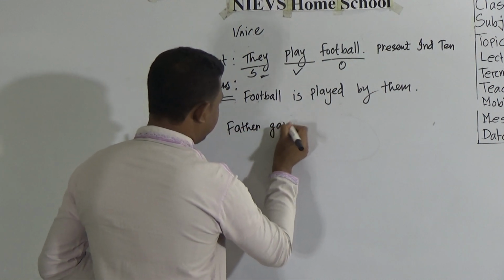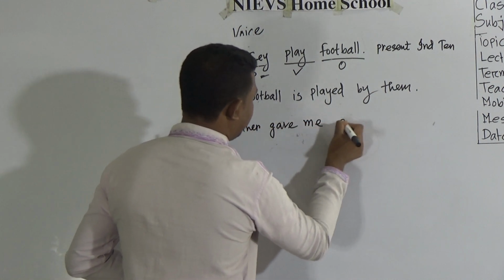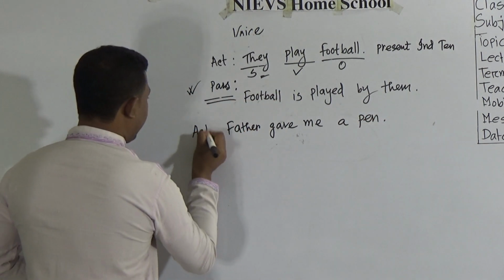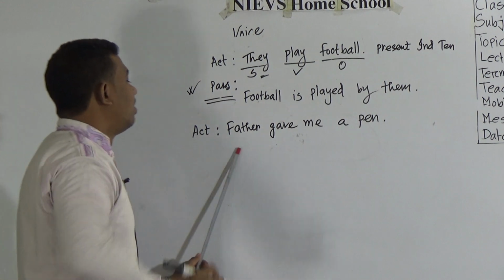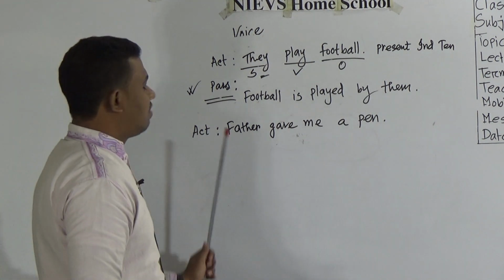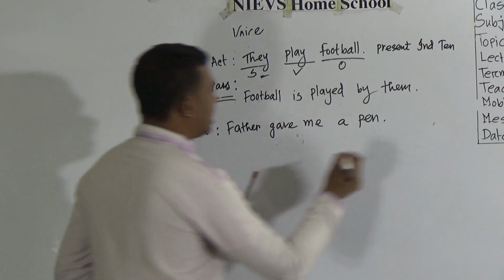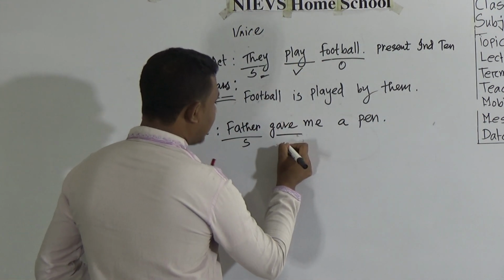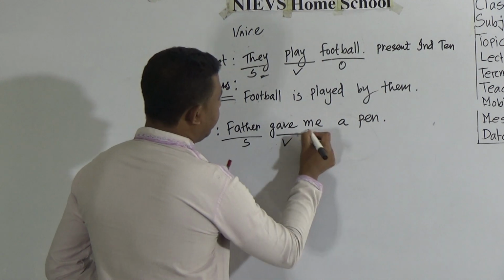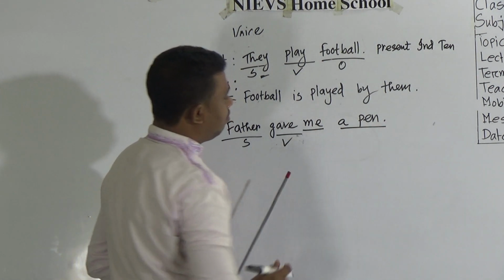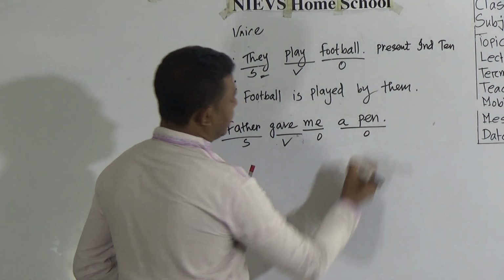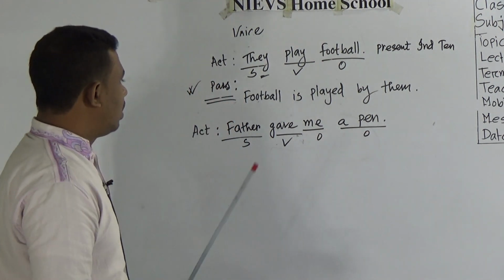Another example: "Father gave me a pen." It's active. Dear students, after getting this sentence, first of all you will see in which tense it is written. Father is the subject, gave is the verb, me is an object and this pen is also an object.